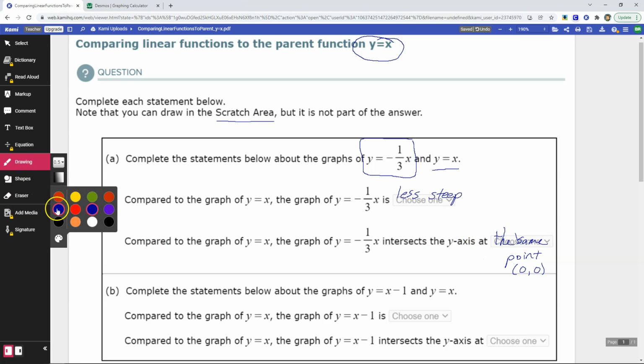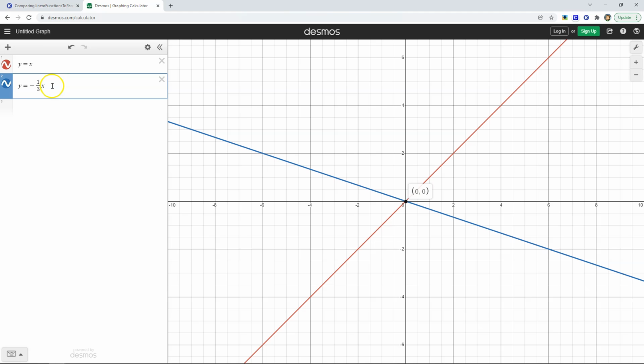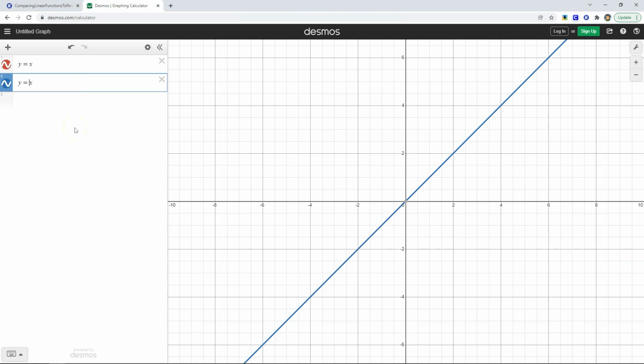Now it's asking us to compare the graph of y equals x minus 1 and the parent function y equals x. So I'm going to replace y equals negative 1/3 x, and call it y equals x minus 1. Okay? Notice that we have a graph with the same slope.